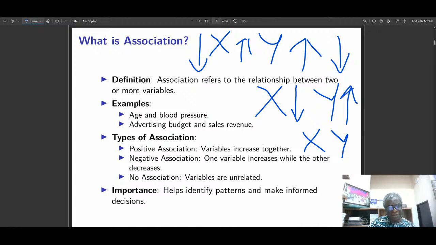So identifying these relationships or patterns can be very helpful in decision making in many disciplines or fields like business, medicine, and education.